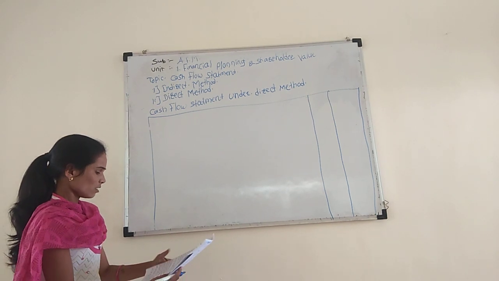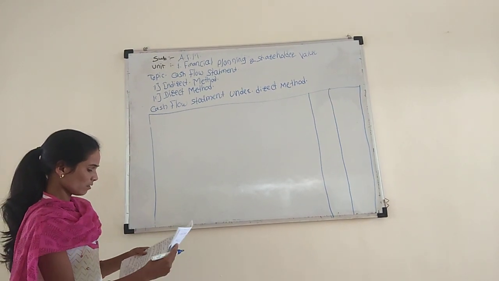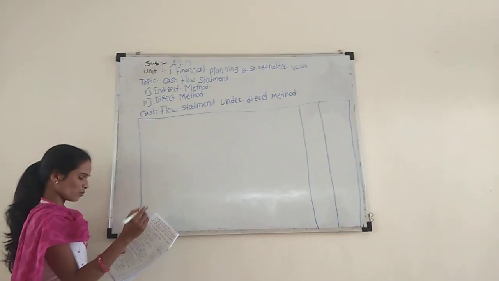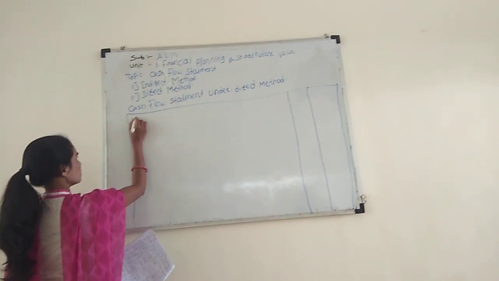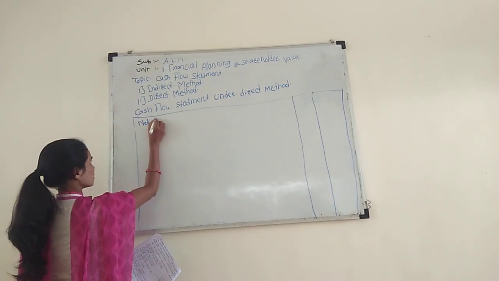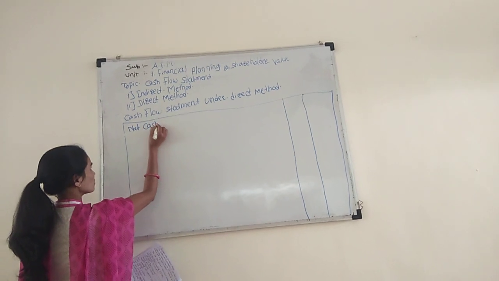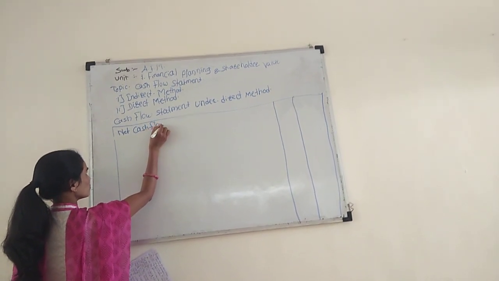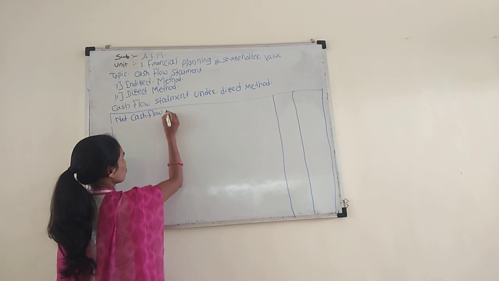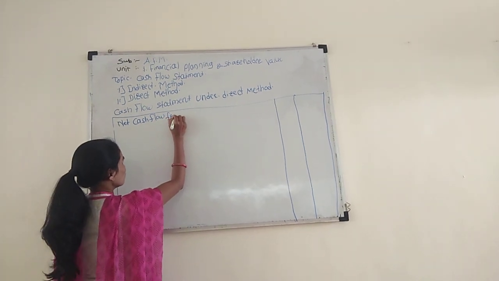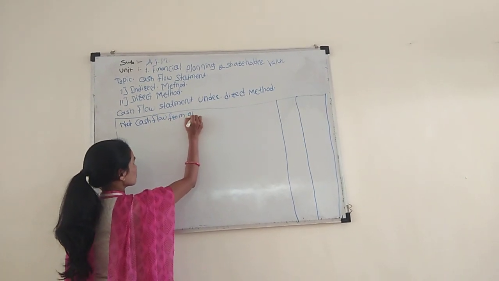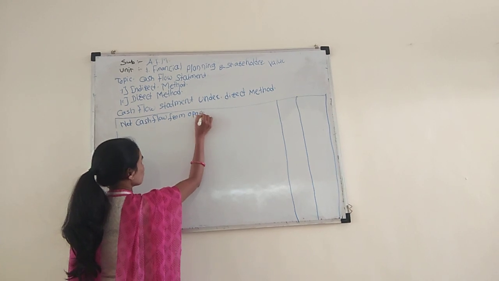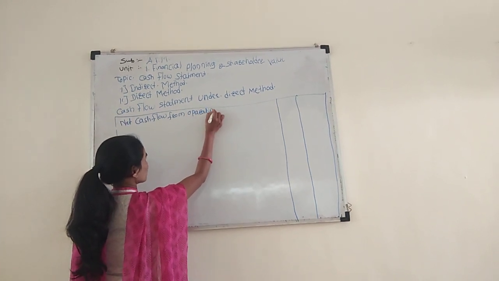The first remaining formula is net cash flow from operating activity.